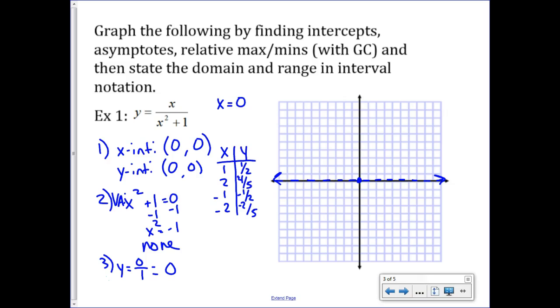Okay, so then I can plot those, over 1 up 1/2.